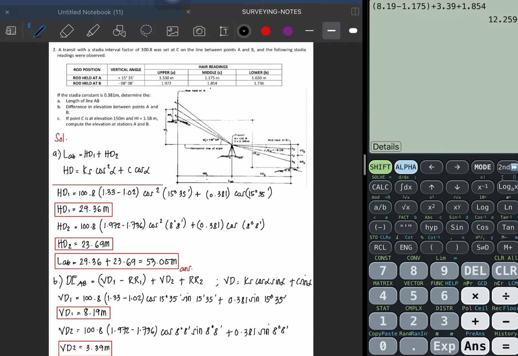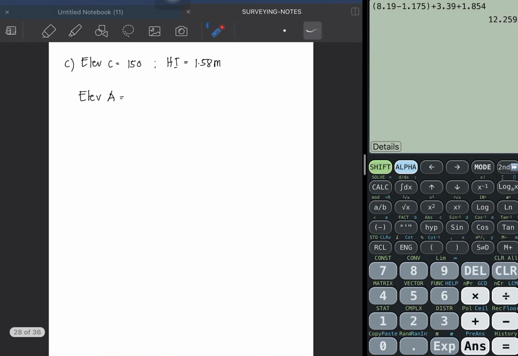To solve for the elevation at A, based on the illustration, from the elevation at C, that is the height of instrument, and for this line, this is VD minus RR.